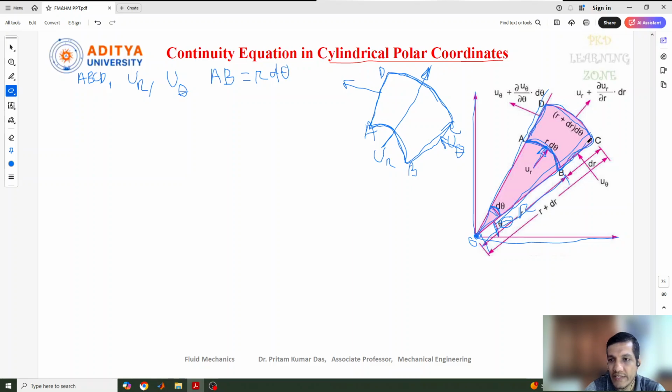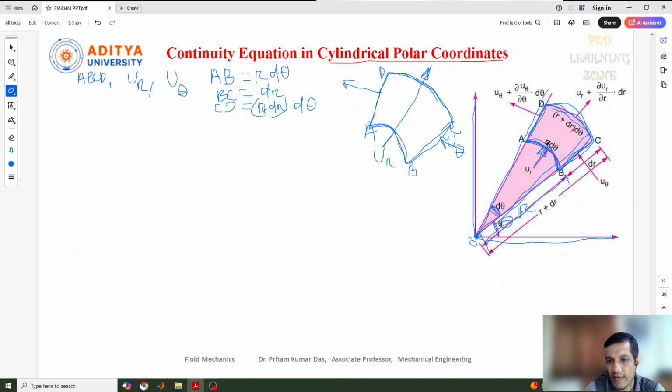Similarly BC we have seen already, it is given as dr. So BC length is dr. And similarly CD is the exit part of this fluid which is moving out. That one we can see is r plus dr into d theta.